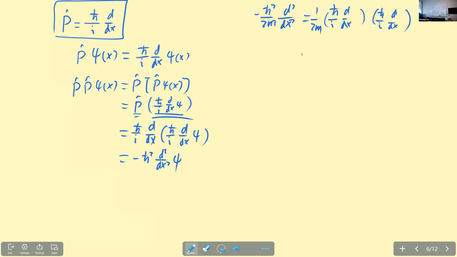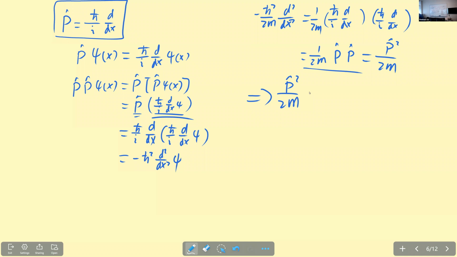So that means this equals 1 over 2m p, the p operator, okay? Right, so if we take this as an operator squared, that will simply give us minus h bar squared over 2m d squared over dx squared on psi, right?